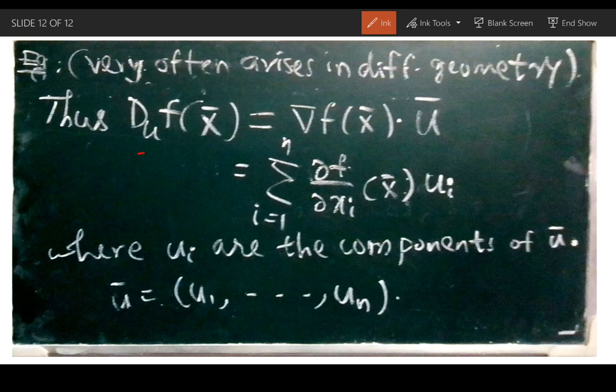In terms of the components, how do you compute the directional derivative du f at x? Here u should be written with a bar like this. I forgot to write it down because u is a unit vector. So what is du f at x? It is by definition del f at x inner product with u. But what is del f? It is the gradient of f, which we have already defined. What are the components of that gradient vector? It is precisely dou f by dou x1, dou f by dou x2, etc., dou f by dou xn. So how do you express this inner product?